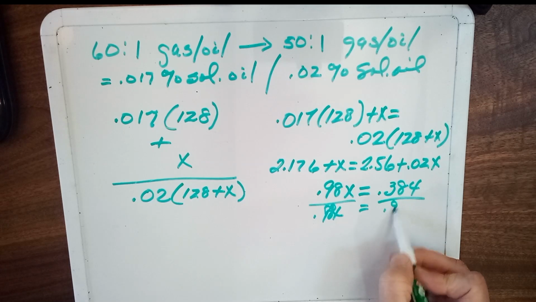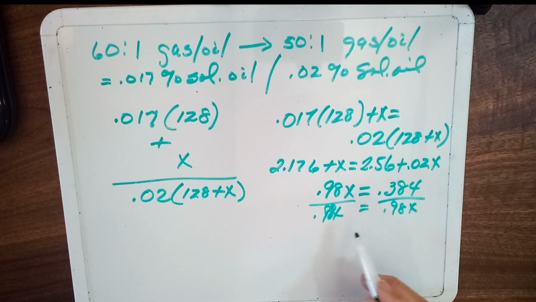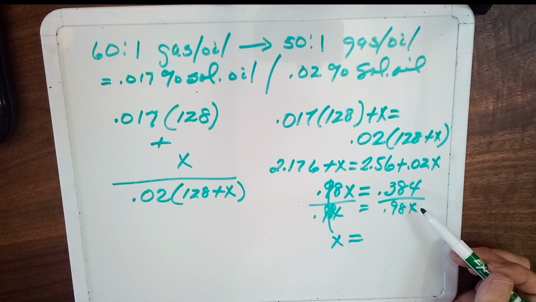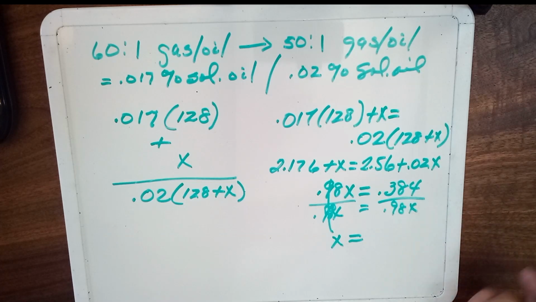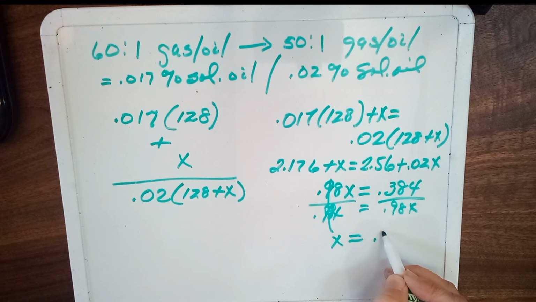Dividing both sides by 0.98, my 0.98s cancel. I'm left with X, which is the amount of oil I need. 0.384 divided by 0.98 is 0.39.